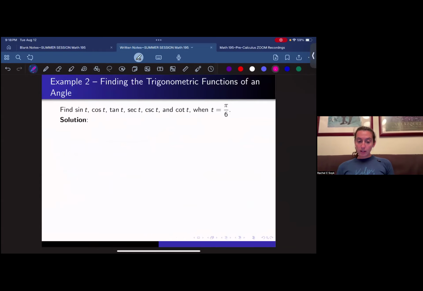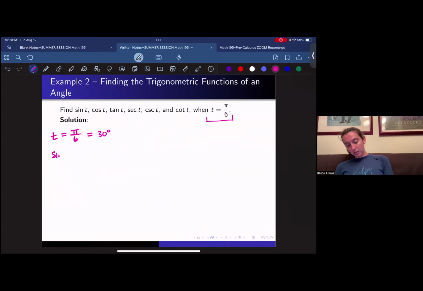So now we're in our example 2. Very similar question, but we're given our angle measure. Our t is pi over 6, which is the same as 30 degrees.